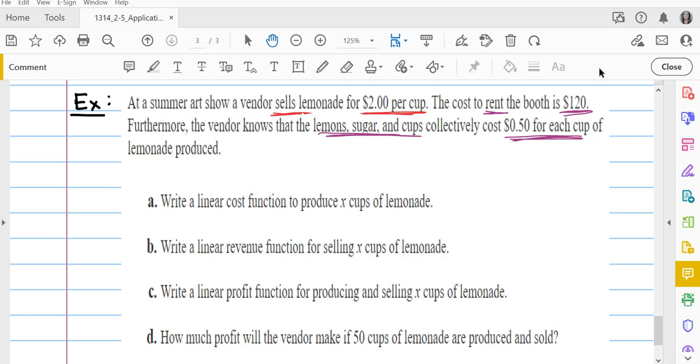Part A, write a linear cost function to produce X cups of lemonade. The cost is going to be 50 cents for each cup, so 0.50X plus the fixed cost, which was $120.